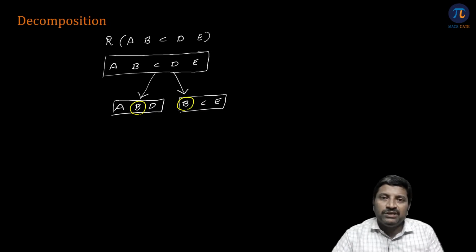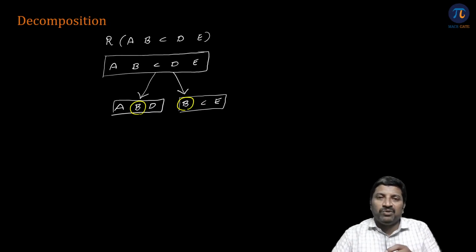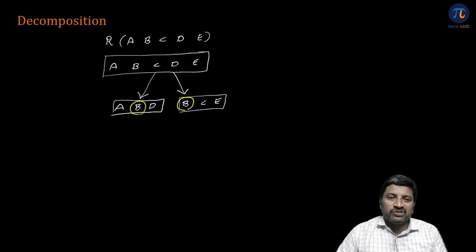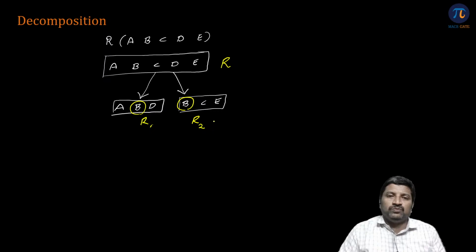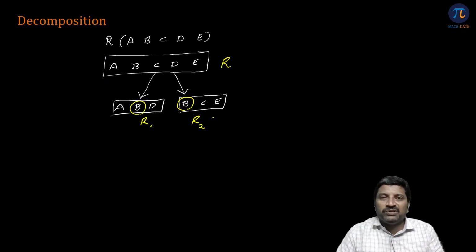In such a case, the common attribute will be used to link these two relations. So that is the first one. Now the question is, whenever you are decomposing a relation R into two tables, R1, R2, what are the properties we need to keep in our mind? That is what we are going to discuss now.